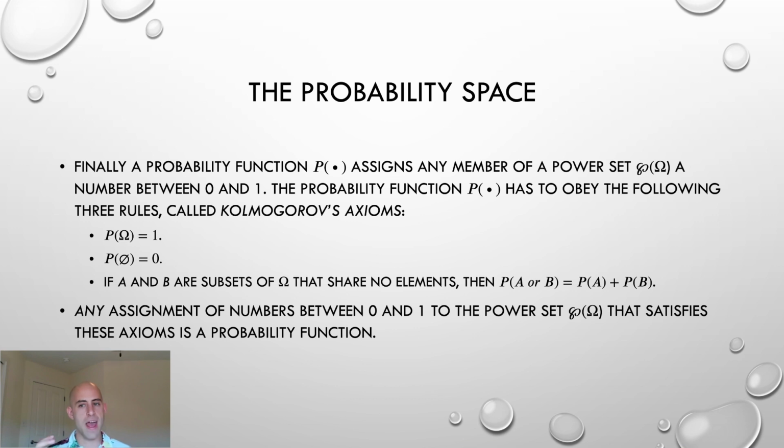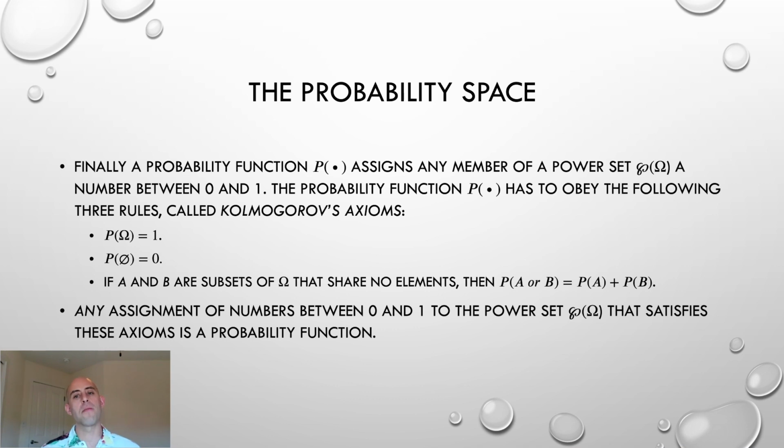So it's just a way of inputting an element of the power set of omega, and then what you get out is a number between 0 and 1. You can think of this as an algorithm that takes as inputs elements of the power set, so some subset of omega, and outputs a number between 0 and 1.